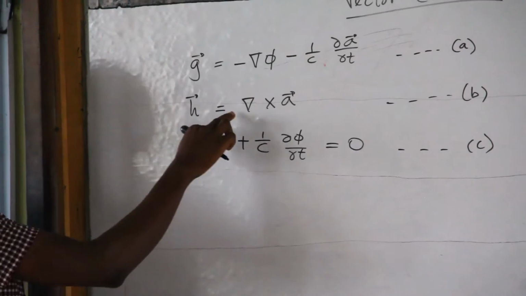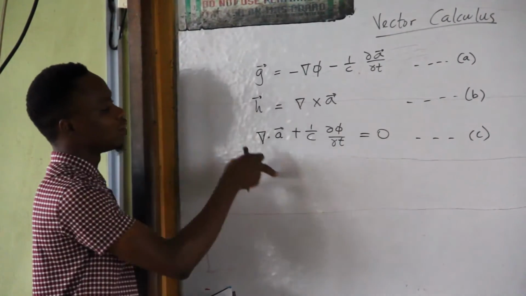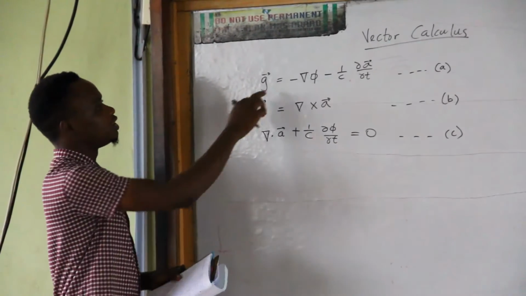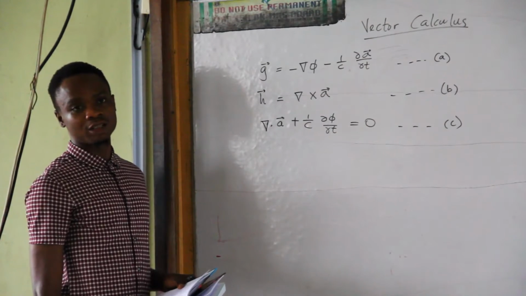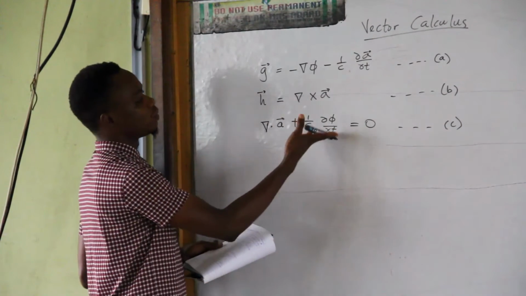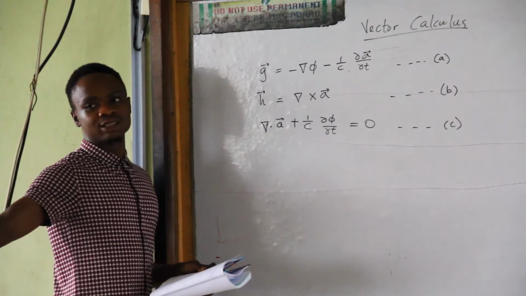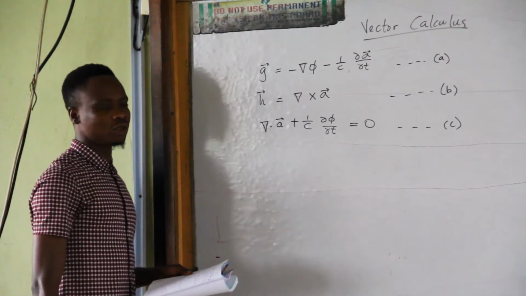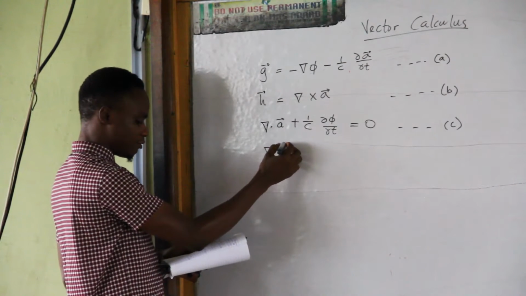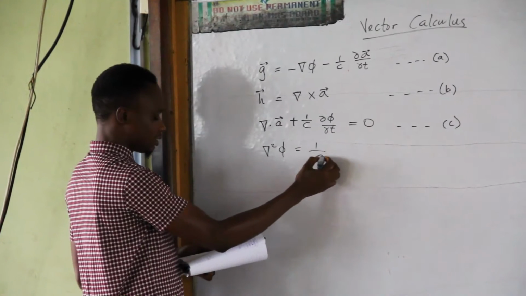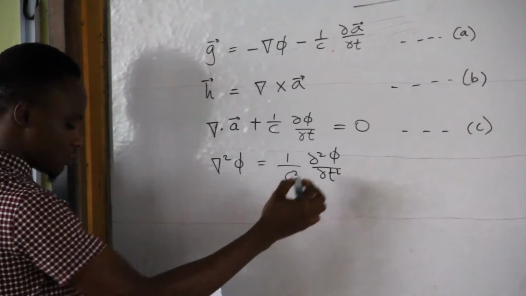Don't get it twisted. These are definitions of G and H. These are equations satisfied by G, H, and A. And these are equations satisfied by G, H, and A. Do you understand what I'm saying at all? Alright, so we will use both the definitions and also the conditions they satisfy to show that the equations given to us are true. So the second one is that nabla squared phi is equal to 1 over C squared, then del squared phi, del T squared.